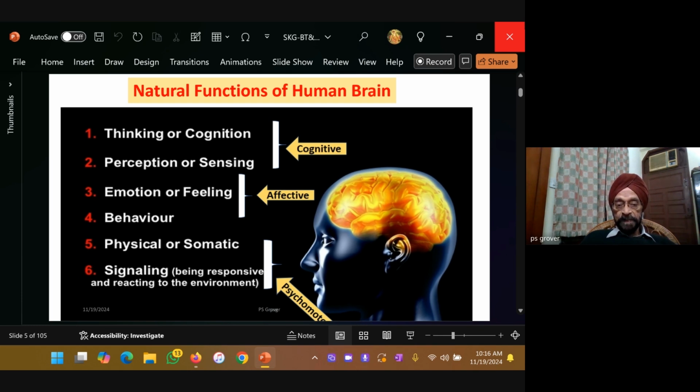We have feelings, we have our own behavior, that is affective. We have physical, bodily signals to the environment, that is psychomotor. These natural functions are endowed to each one of us by nature.